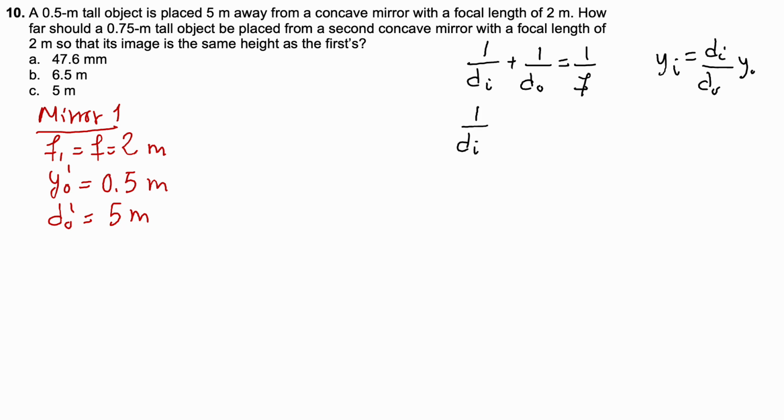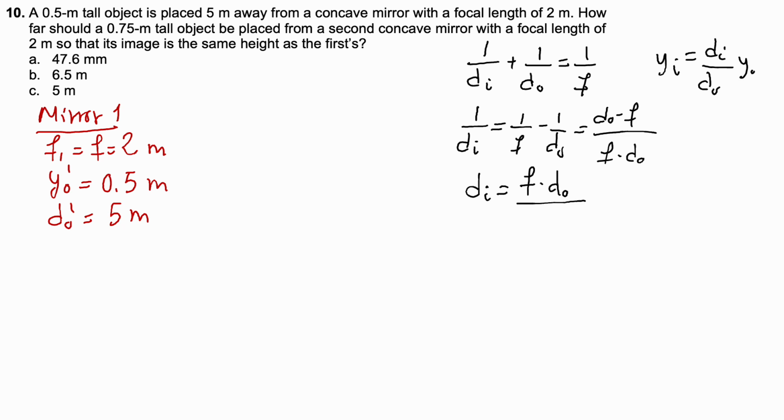Before I do that, we can work out the math. We have 1 over the image distance equal to 1 over f minus 1 over d sub 0. We can get a common denominator to combine this. And now we do the inversion, so the distance of the image from the vertex of the mirror can be expressed in terms of the focal length and the distance of the object.